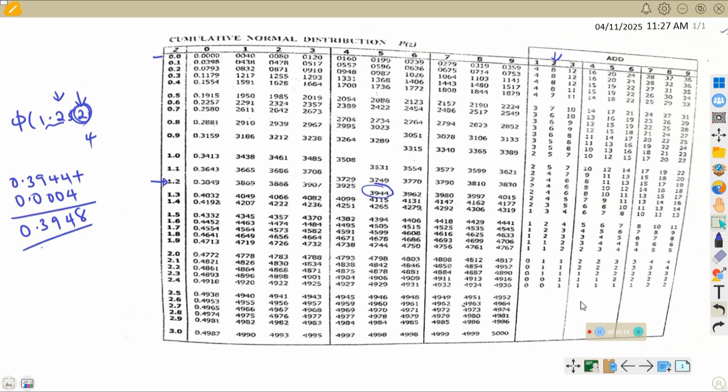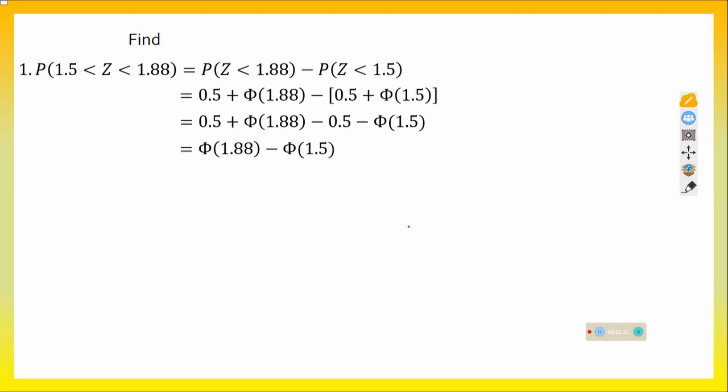From the table we need 1.88. So we look for 1.8, 1.8 is here, then we look for 8. So 8 is here, 4699. So we shall have 0.4699. That will be the table reading of 1.88.